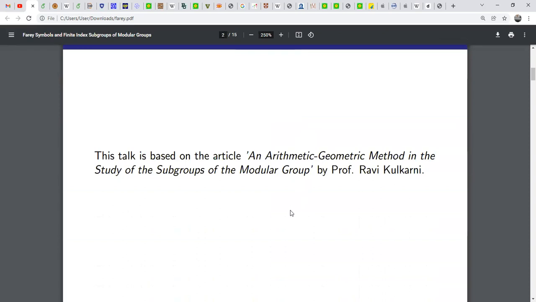This talk is based on the article by Kulkarni, an arithmetic geometric method in the study of subgroups of the modular group. The problem at hand was the following.